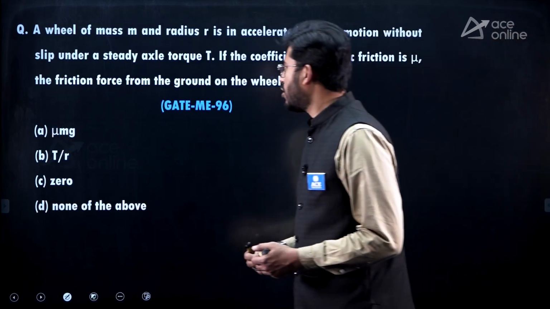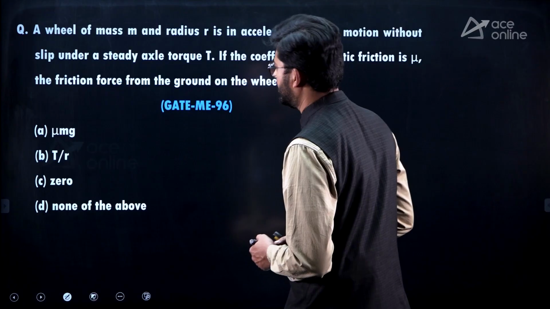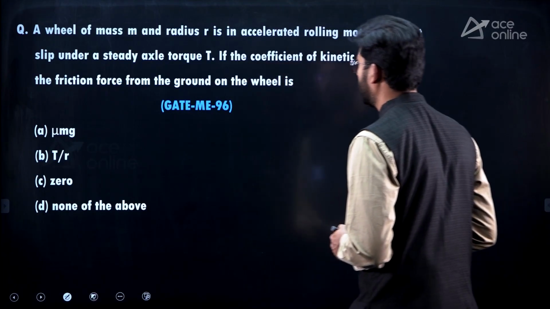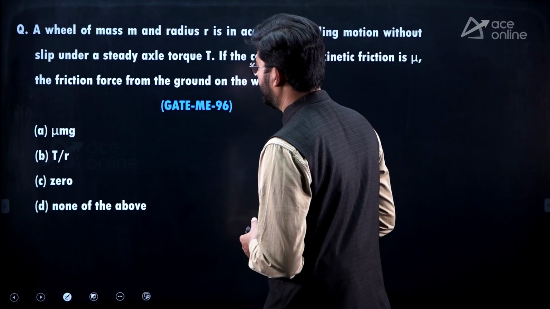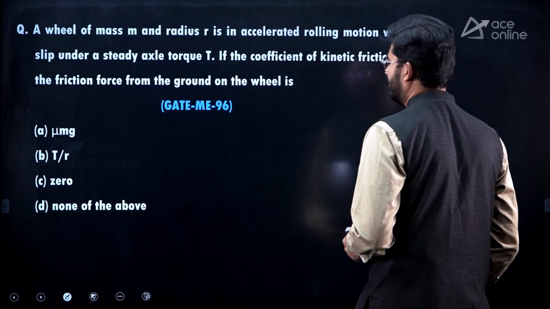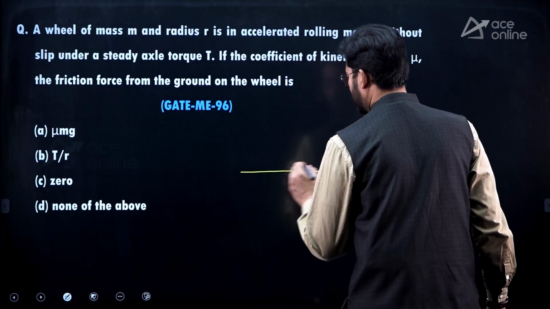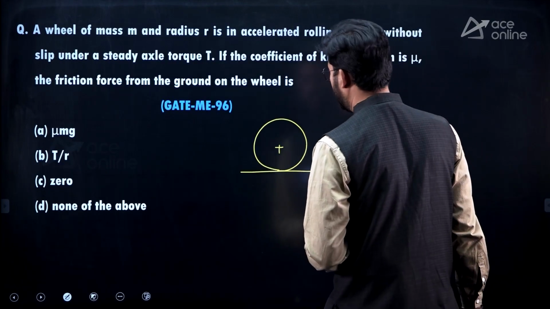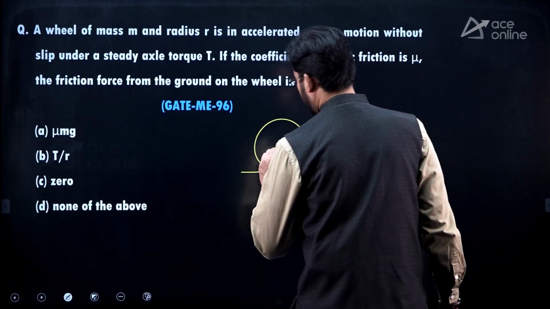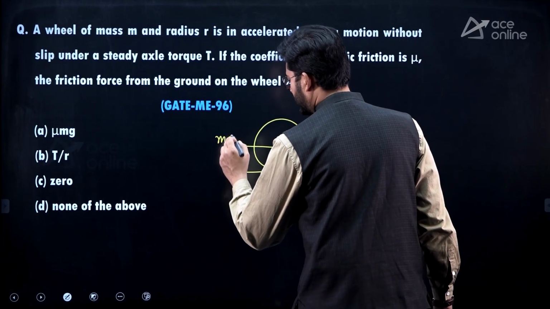Next, a wheel of mass m and radius r is accelerated in rolling motion without slip under a steady axial torque tau. If the coefficient of kinetic friction is mu, the friction force from the ground on the wheel is dash. So here let me just draw the diagram. In rolling motion, this disc is accelerating, let's say rolling towards the left side, and this will be the inertia force, that is MA.